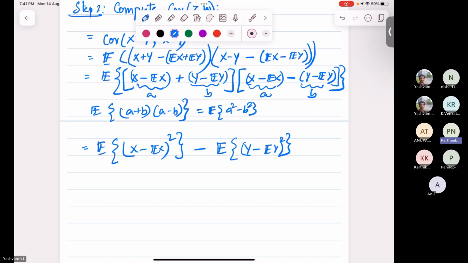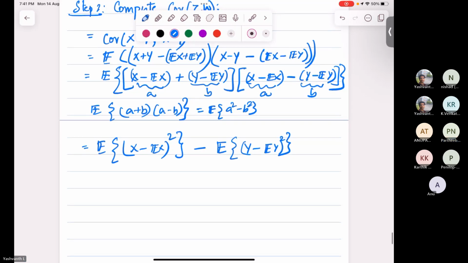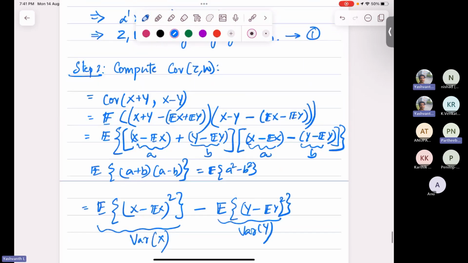It needs some more previous exposure. No, this is a definition, right? This is the definition of variance of x. This is the variance of y. That's what I wrote here.